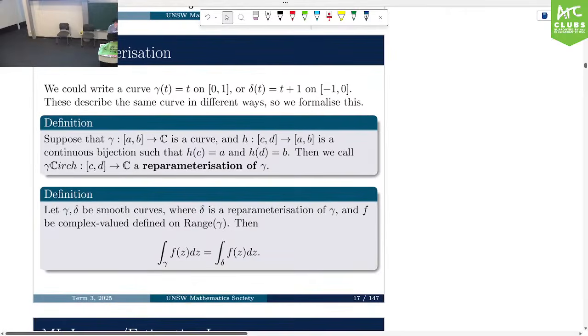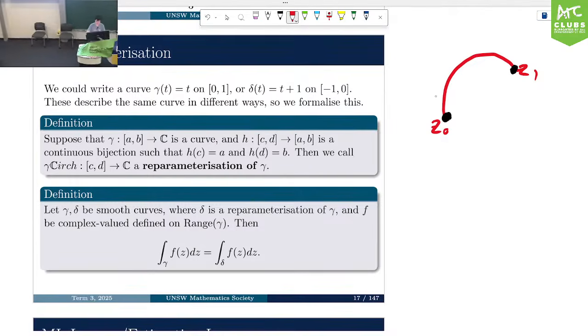And some of you might worry, what if we choose the wrong parameterization? Well, we don't have to worry about that, because the nice thing about complex integration is that our answer is independent of parameterization. For example, if I have z0 here, z1 here, we want to integrate along some arbitrary contour like this. There are lots of ways in which we can parameterize this, right?